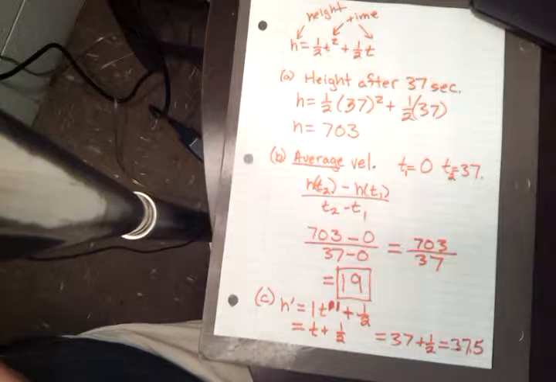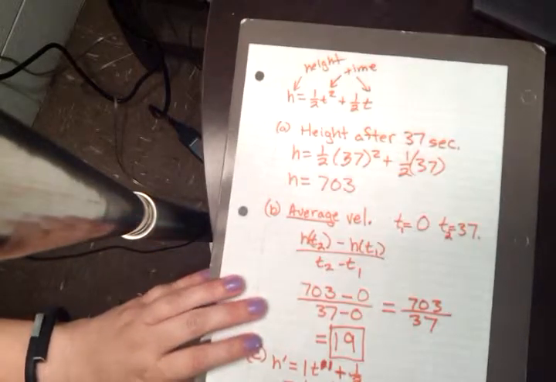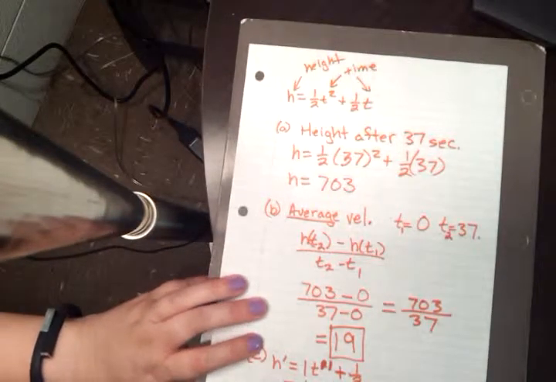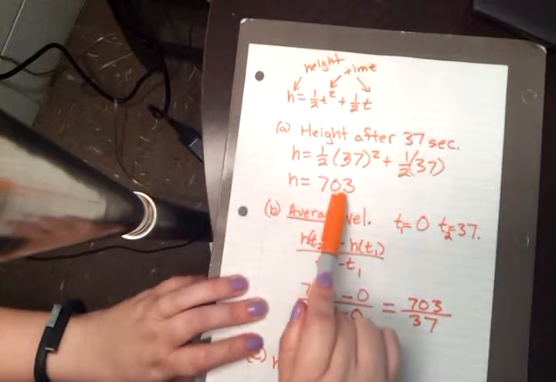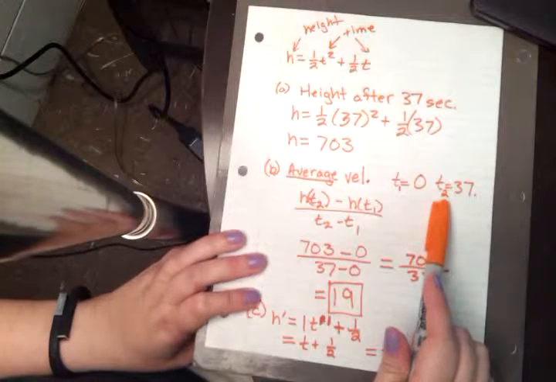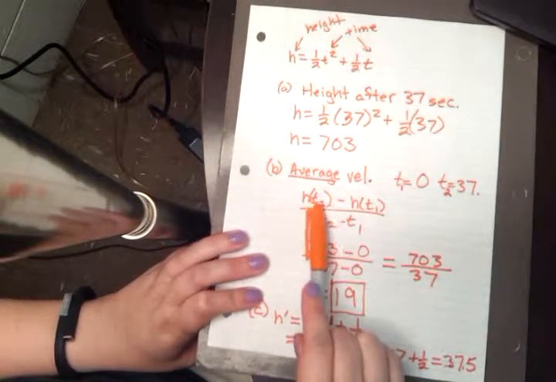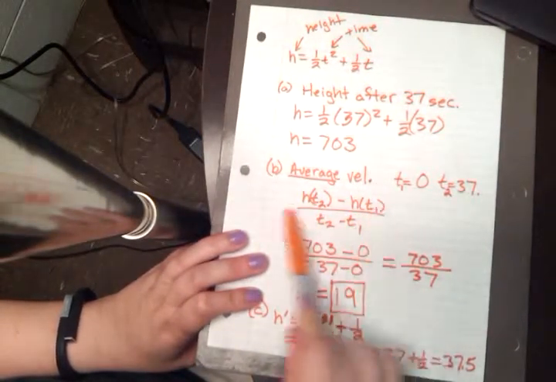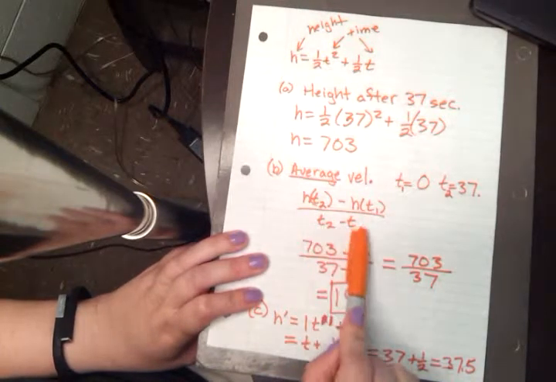So run through the steps one more time. For part A, all you do is plug in the time they gave you into the original function, and you're going to get an answer. For part B, you break it up into time 1 and time 2. Do the original function at time 2 minus the original function at time 1, all over time 2 minus time 1.